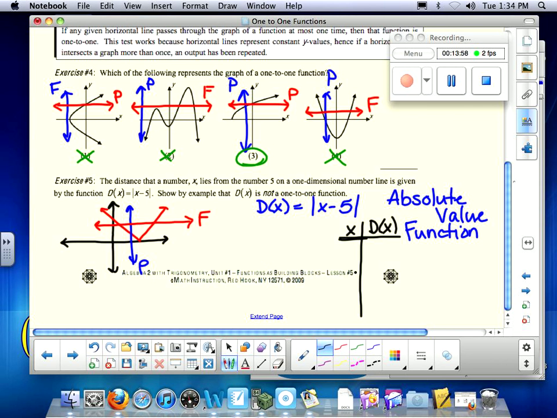So I know that at 5 it was 0, at 4 and 6 it was 1, at 3 and 7 it was 2. Because we have repeaters, that's the fail, the horizontal.